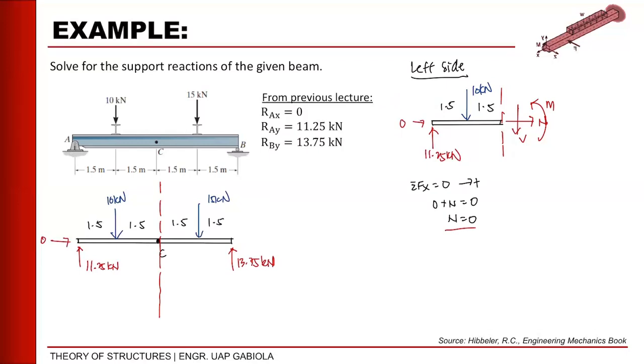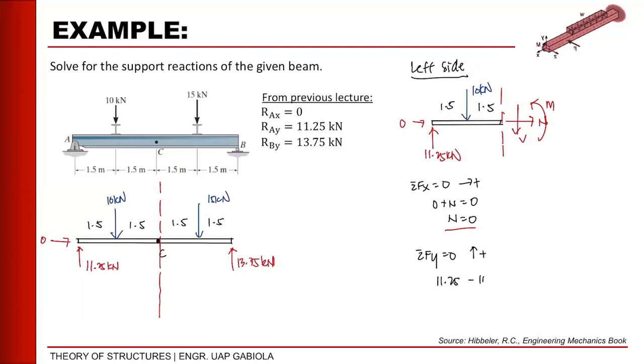Okay? Next. Summation of forces y is equals to 0, taking upward as positive. Okay? So, upward direction natin is itong support natin and then dito meron tayong 10 and meron tayong V. Okay? So, we have 11.25 kilonewton. So, hindi ko nalagay yung unit.